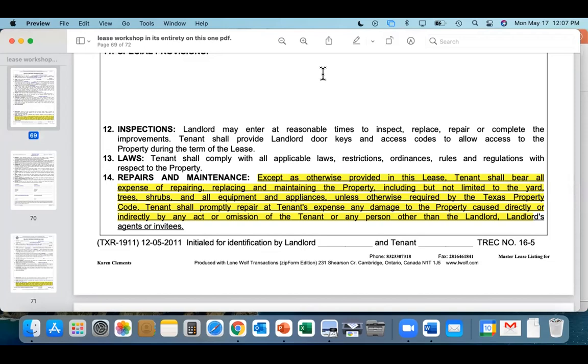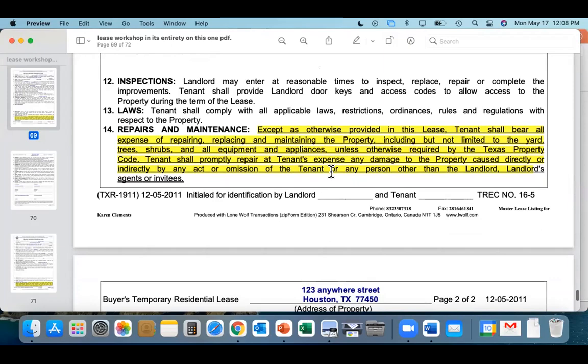Tenant shall promptly repair at tenant's expense any damage to the property caused directly or indirectly by any act or omission of the tenant or any other person than the landlord. That's very different, right? And that's because the property is for sale.